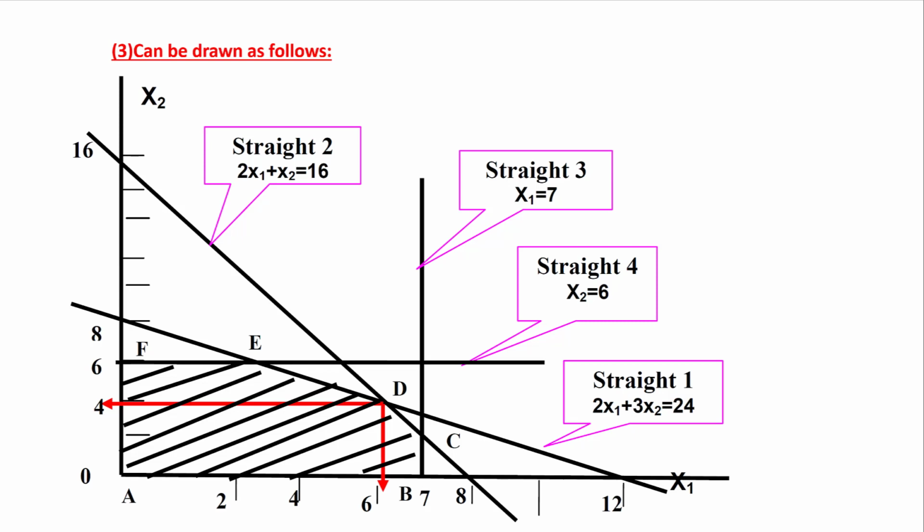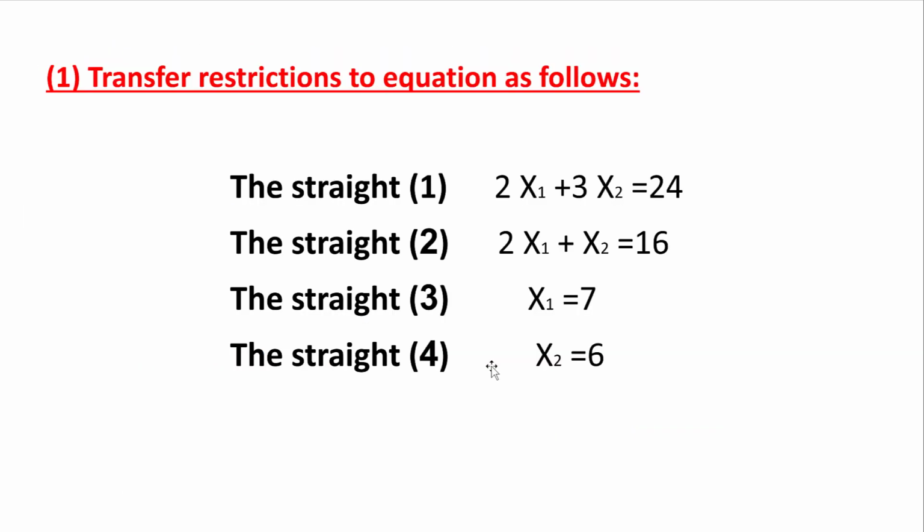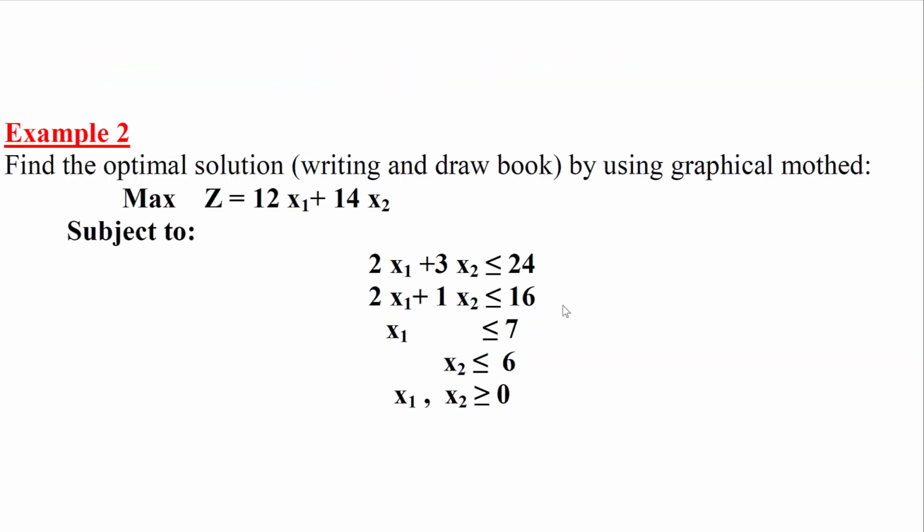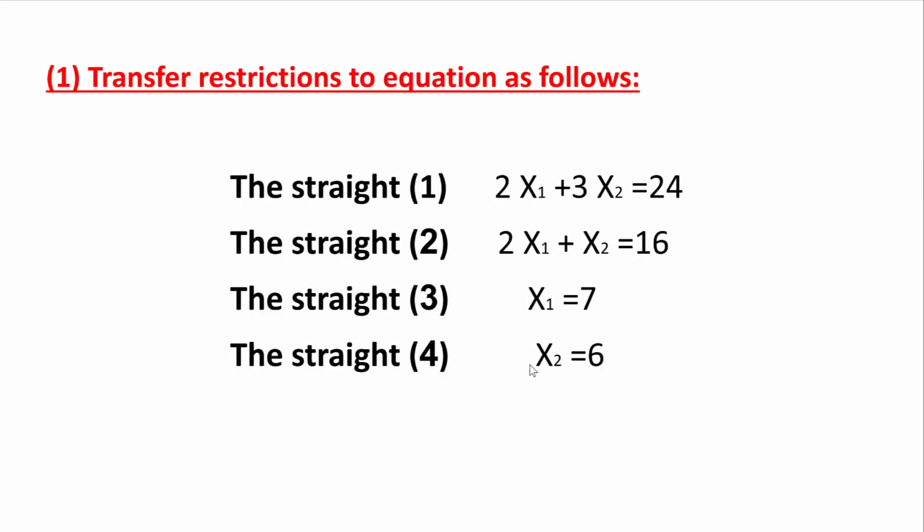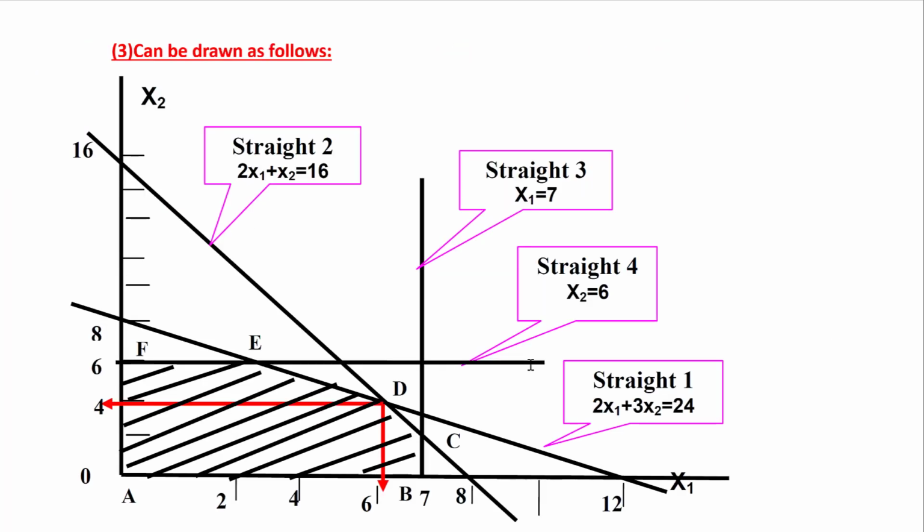So the joint solution is this region. How? Because the first, second, third and fourth constraints are all less than or equal. So the joint solution, or feasible region, that satisfies all of those constraints is this area.